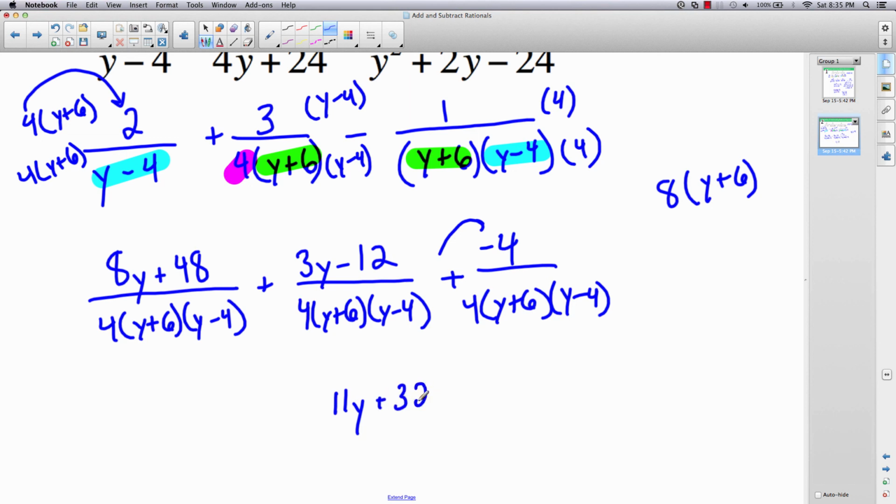So 11y plus 32 divided by our LCD, which is 4, y plus 6, y minus 4. And that's actually it. We can't factor this numerator. We can't reduce anything. So this would be our final answer.